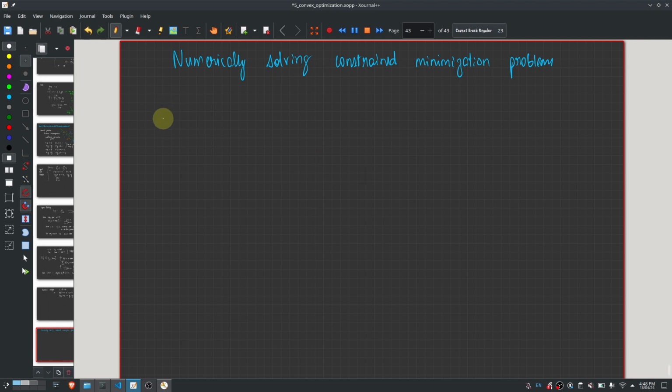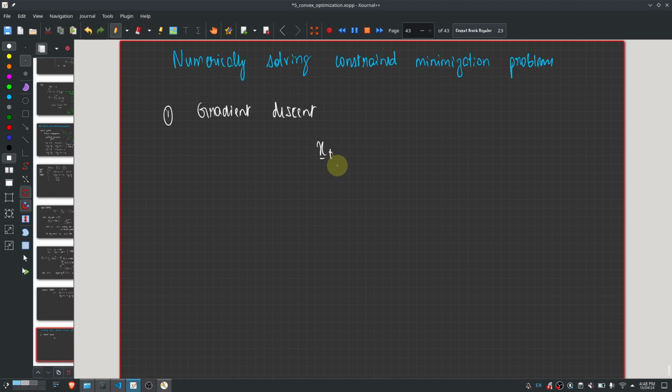So the first class of algorithms that we've seen is gradient descent. Typically all of these descent methods, as we call them, work in the following way. You iteratively choose xt, so it's an iterative process.